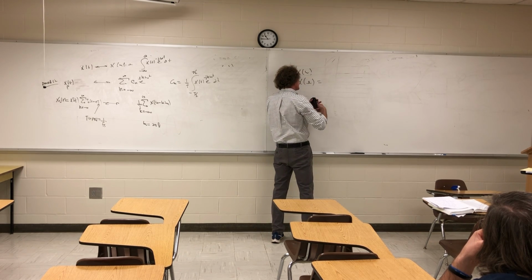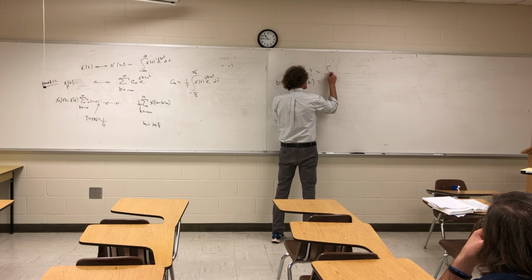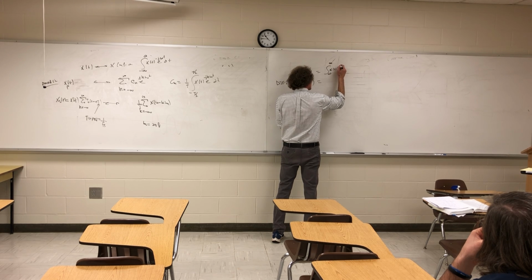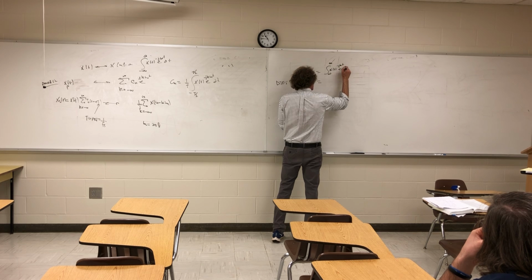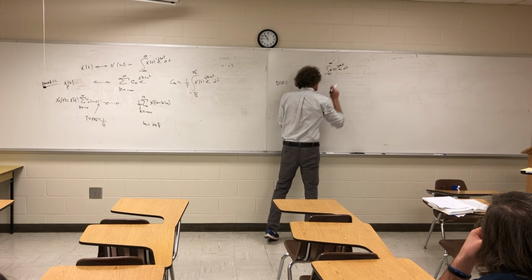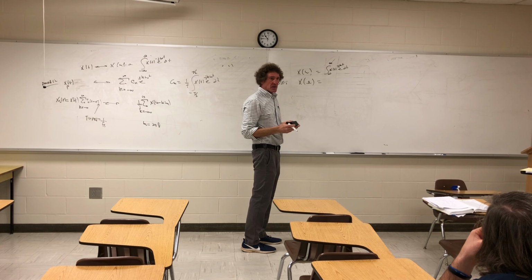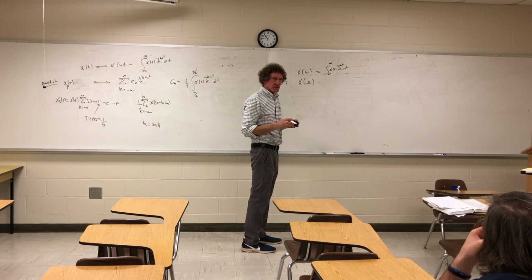Before, remember, X of omega was equal to the integral from minus infinity to infinity of x of t times e to the minus j omega t dt, right? That was equal to X of omega, correct? That's the Fourier transform definition, right?